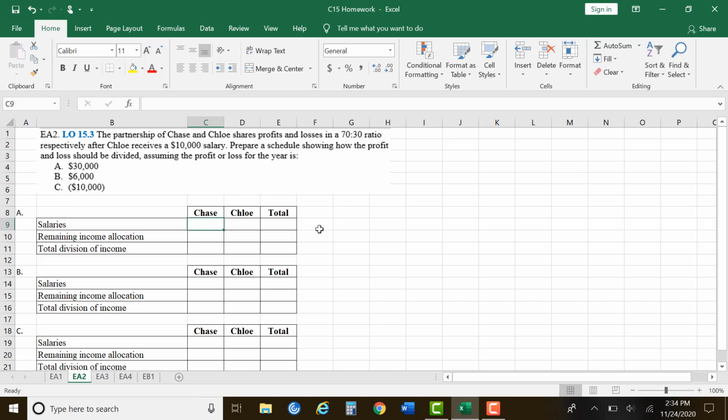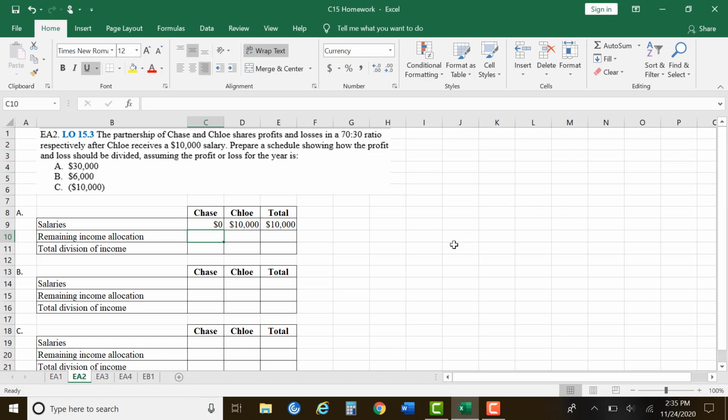So, if they had a profit of $30,000, we are going to pay Chase $0 in salaries. He doesn't work in the business. We're going to pay Chloe $10,000. Then allocate the remaining income, or the income that's left.